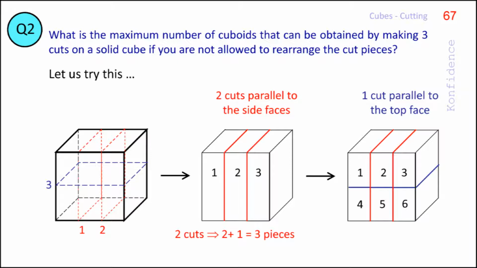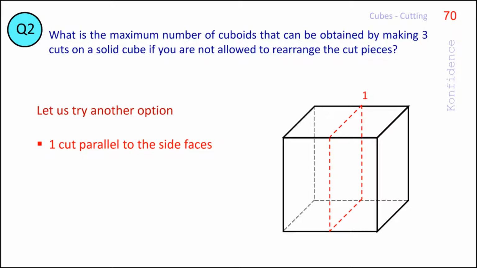Note that this cut is perpendicular to the previous 2 cuts. This third cut cuts through all the 3 cuboids that we obtained as a result of the earlier 2 cuts and cuts each of those into 2 pieces. Thus, we have 3 into 2 equals 6 cuboids. Now we have more cuboids than the previous case when we made all the cuts parallel to the same face.